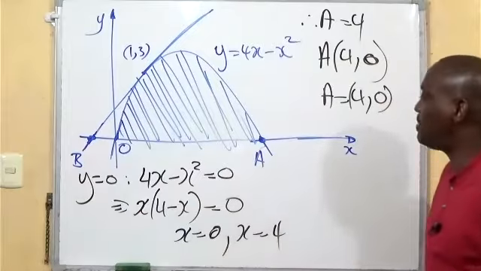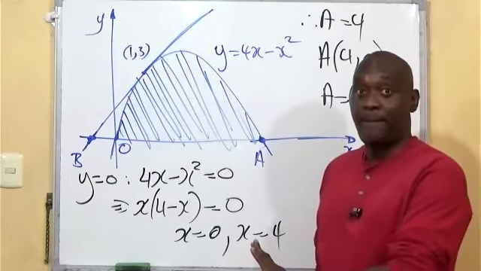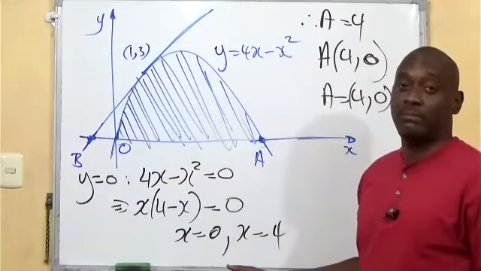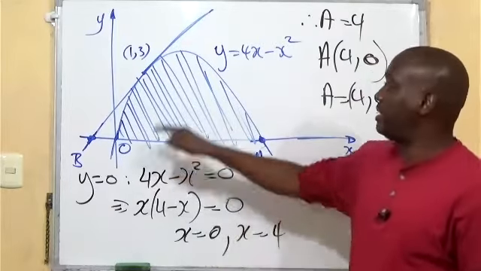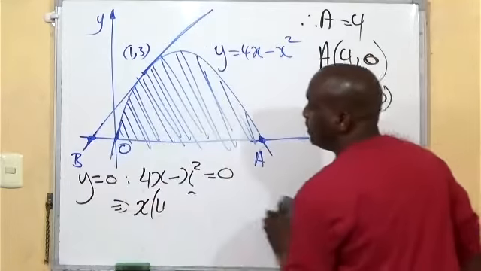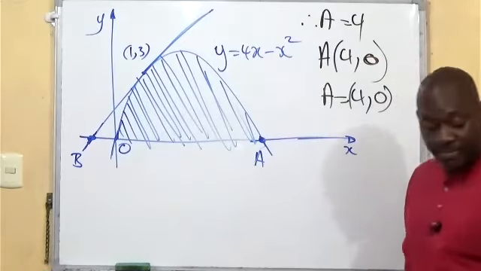All right, so let us proceed now to find B. Now we're differentiating nothing here yet. To find A, we didn't differentiate yet. Now we have to differentiate because we have to find the equation of the tangent. So we've found A already, so let me find B now.